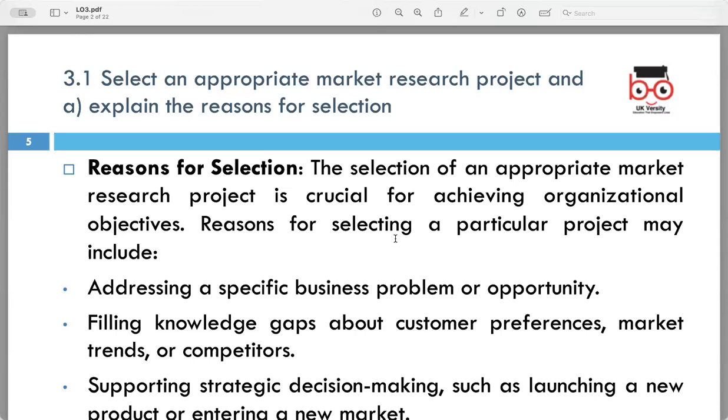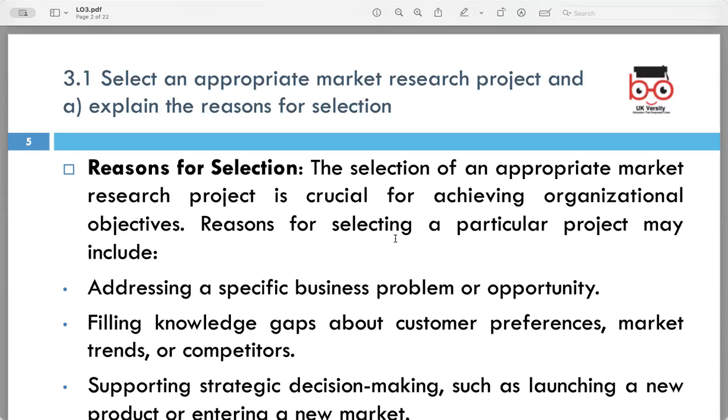Addressing a specific business problem or opportunity. One primary reason for selecting a market research project is to address a particular business problem or capitalize on a new opportunity.